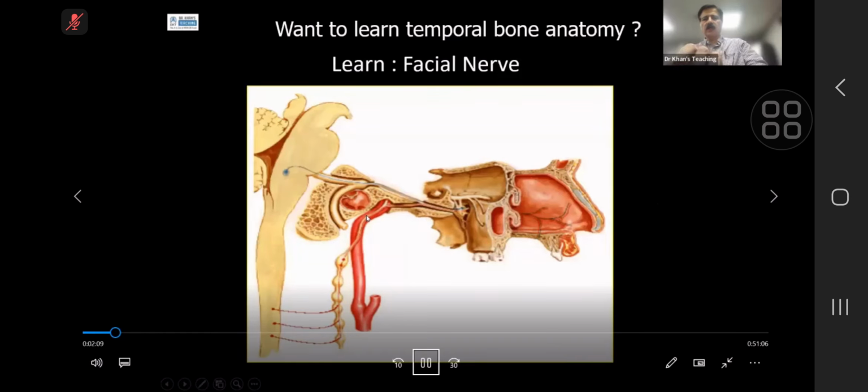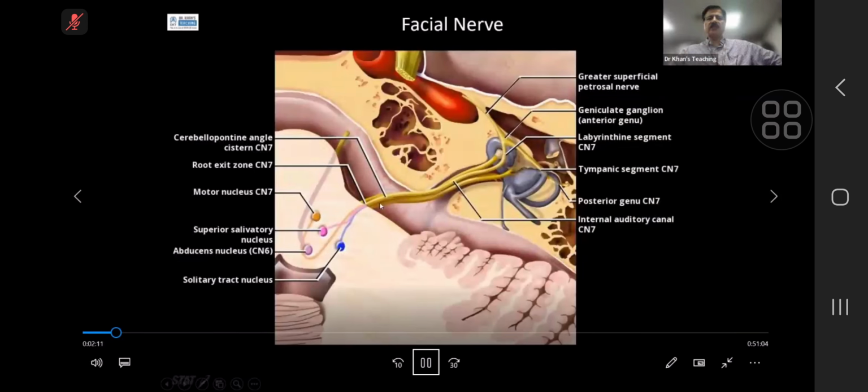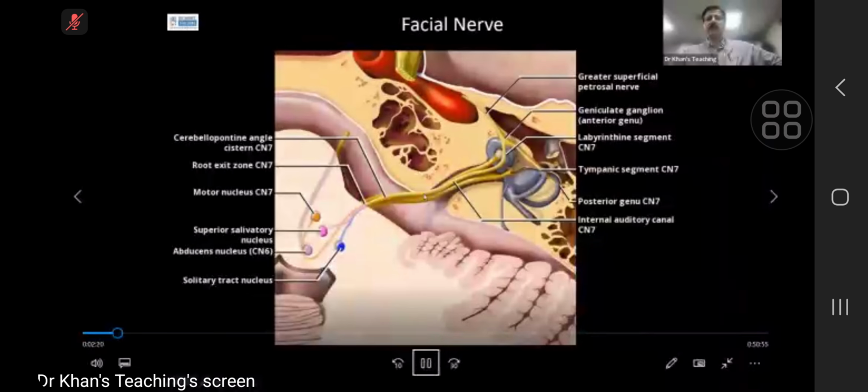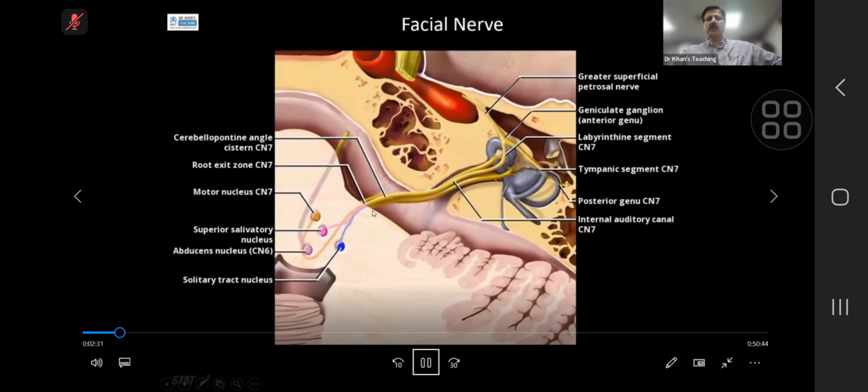So on this axial, now this axial is key for you because all of this anatomy can be seen partly on CT scan and partly on MR. So this is an axial slice where it comes out. So this is the facial nerve. It comes out, and so it passes through the CP angle, then goes into the internal auditory canal, and then it passes superior to the cochlea.